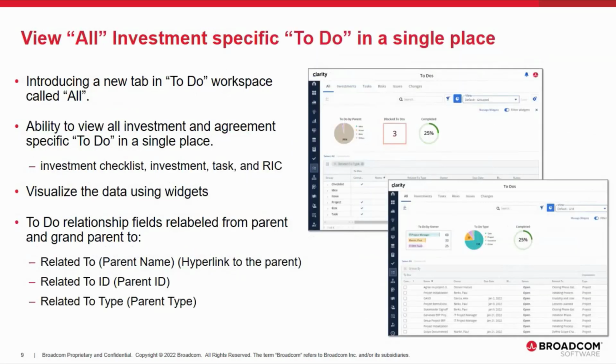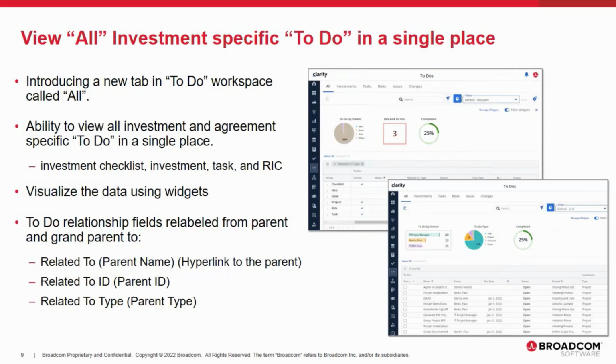Based on customer feedback, we are now introducing a single place where they can see all the to-dos within an investment or agreements. This is in the to-do workspace, and a new tab will be available called All.